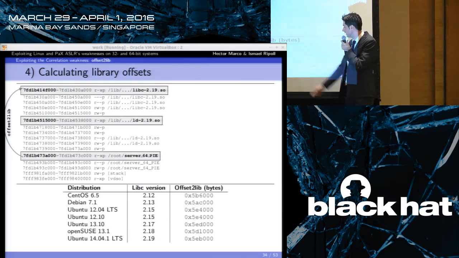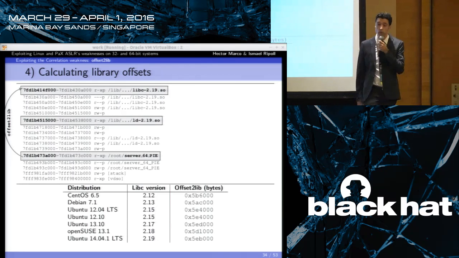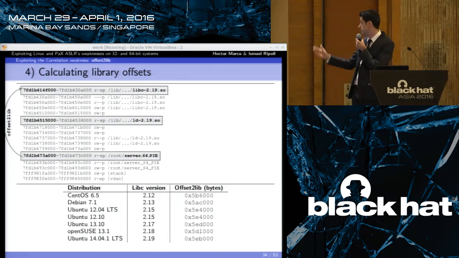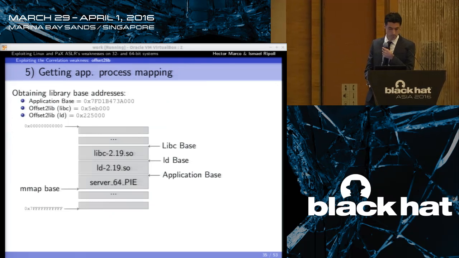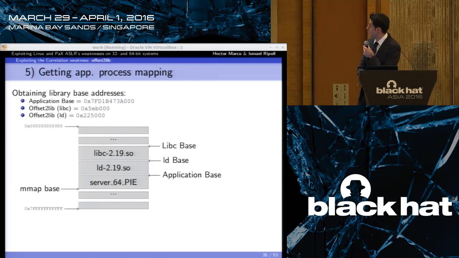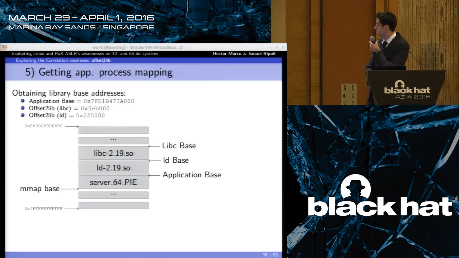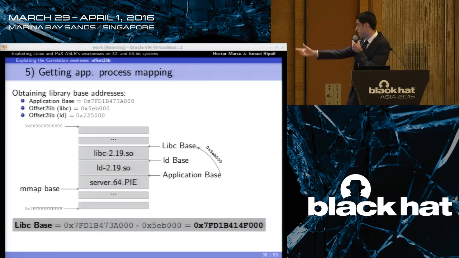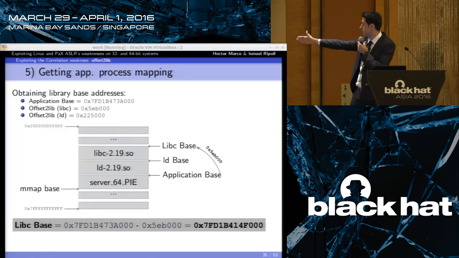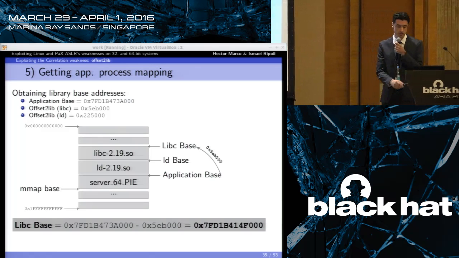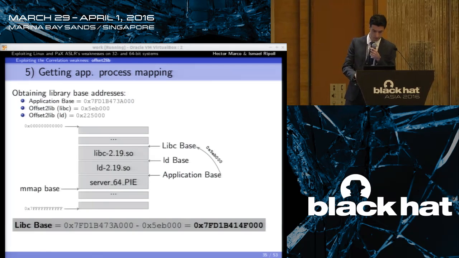So we have here some pre-calculated offsets depending on the system, so you can do this offline, basically. This is the example I told you. For libc it is this simple operation: subtract the offset to lib from the text base address.